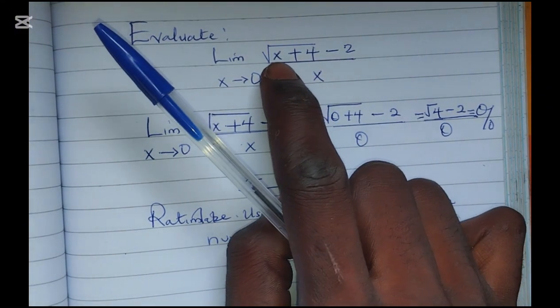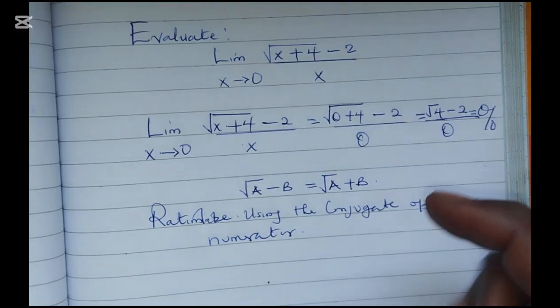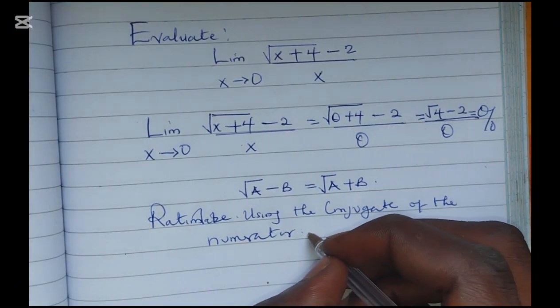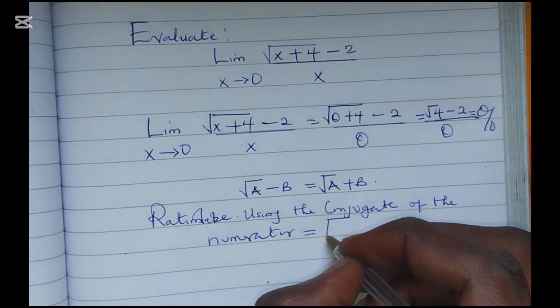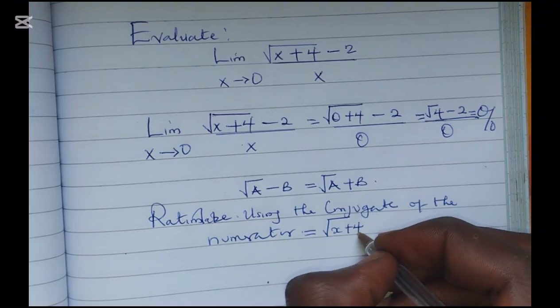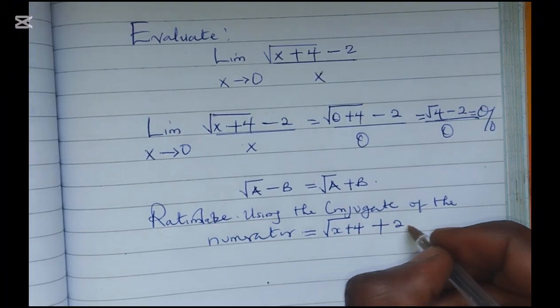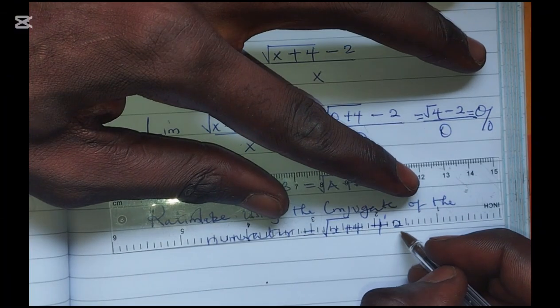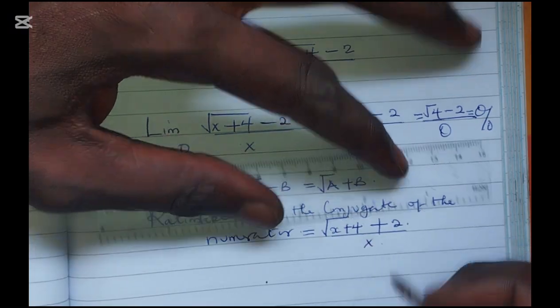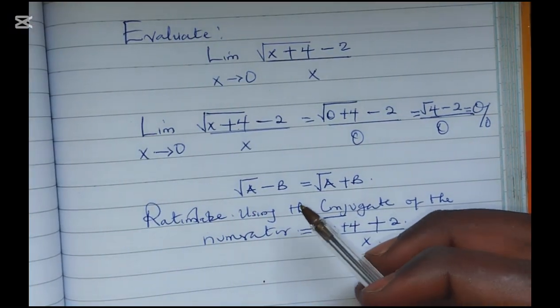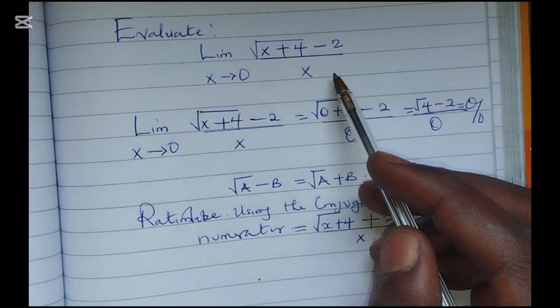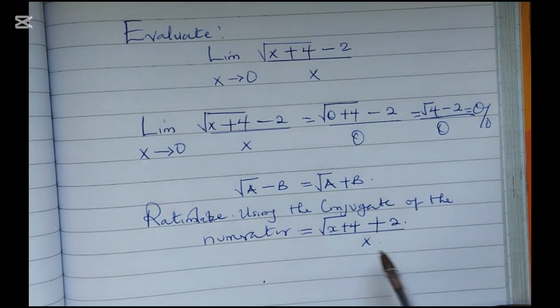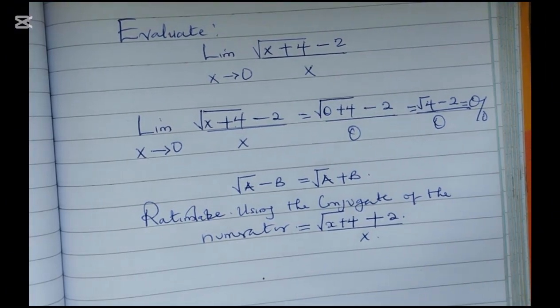This is the numerator, and what is its conjugate? The conjugate is root of x plus 4 plus 2. So what we'll be doing is multiplying the top and the bottom of this function by this expression. So let's do that.